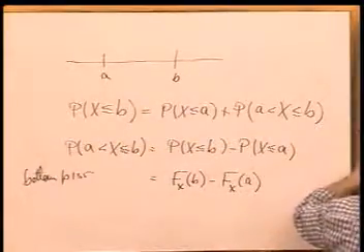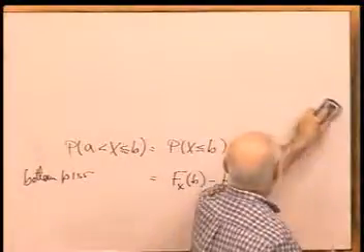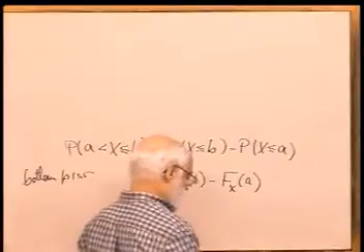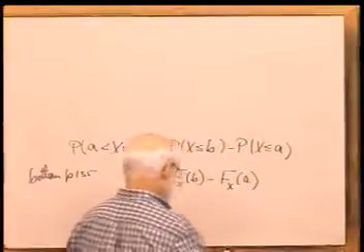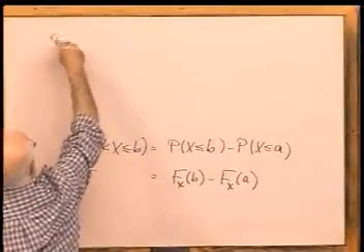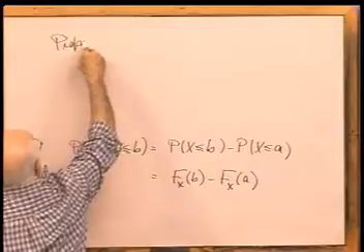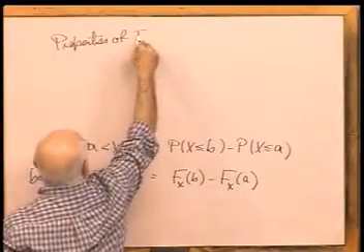I think I'll do it here, because I want to refer to this diagram over here as an example. So I want to write down the properties of distribution function. Properties of capital F.